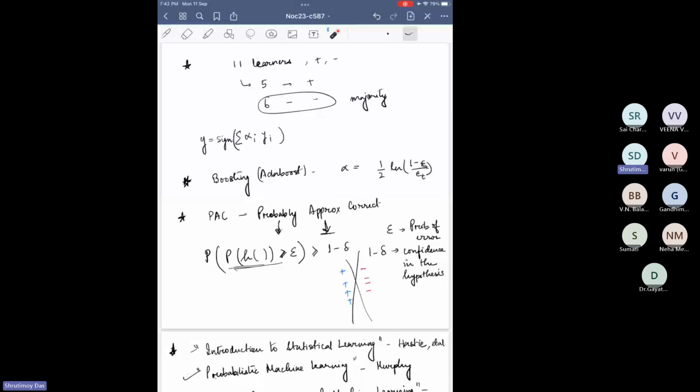You wanted models whose hypothesis approximately learns a classifier with error at most epsilon, and the confidence you have of this is 1 minus delta. So you want this type of guarantee.